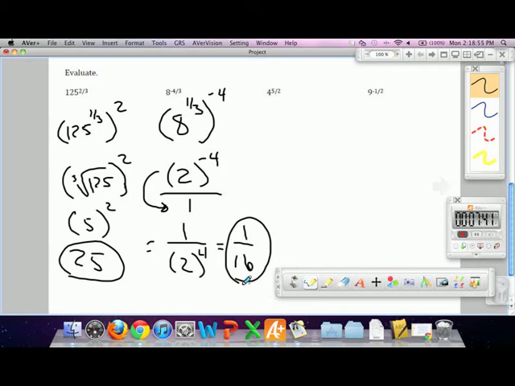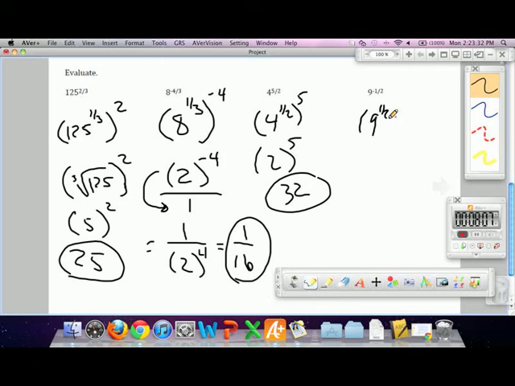Same thing. Please calculate these two without a calculator on your own. 4 to the 1/2 power to the 5th, which is 2 to the 5th, which is 32. 9 to the negative 1/2 power is the same as 9 to the 1/2 power to the negative 1st power.